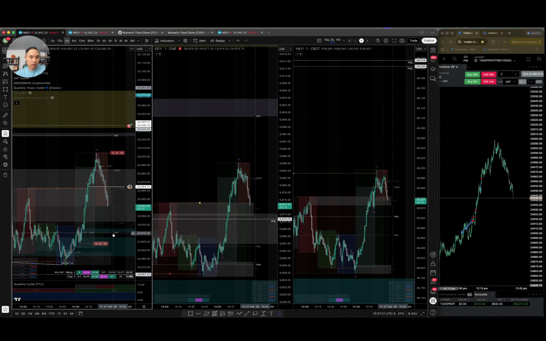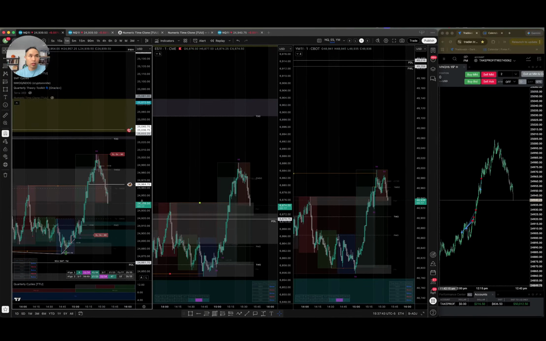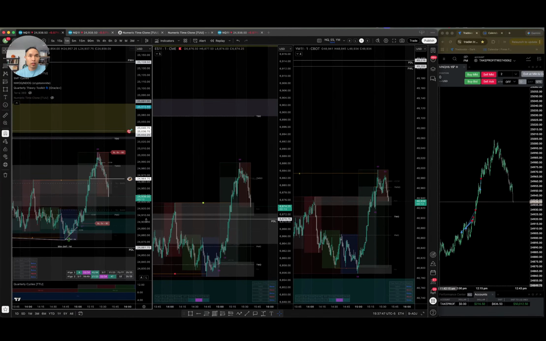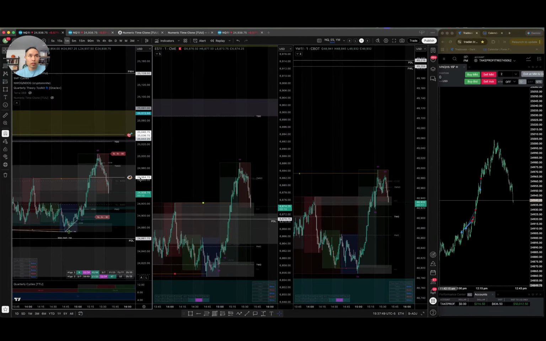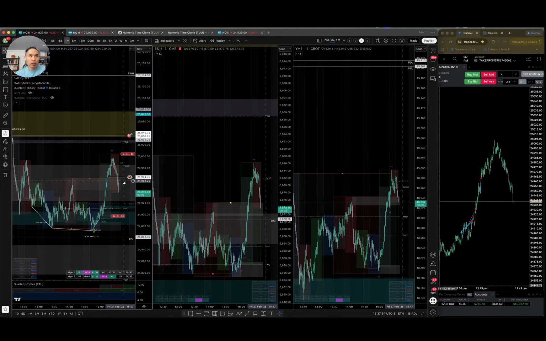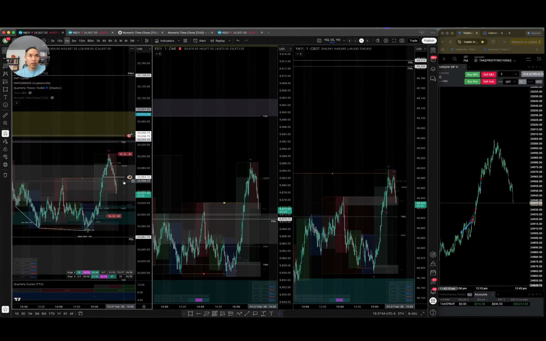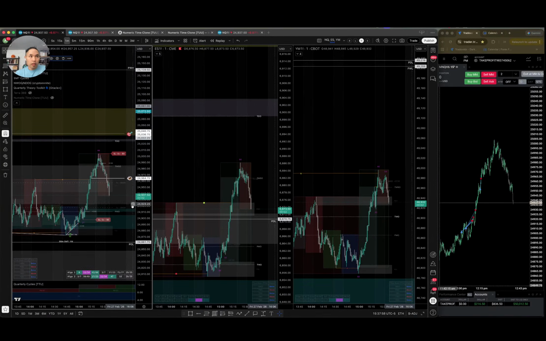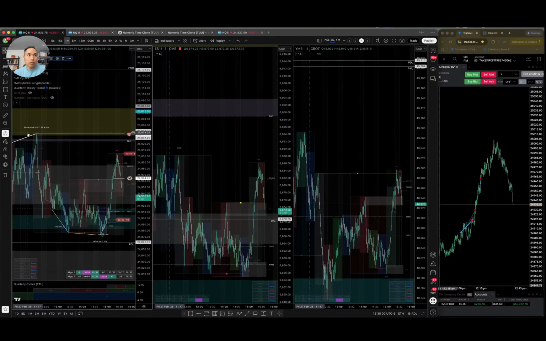Breaking this. I'm going to revisit this gap here. And this is not a sequential, but it is an SMT.